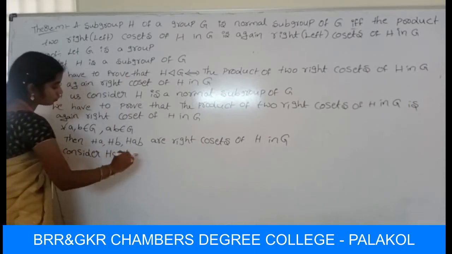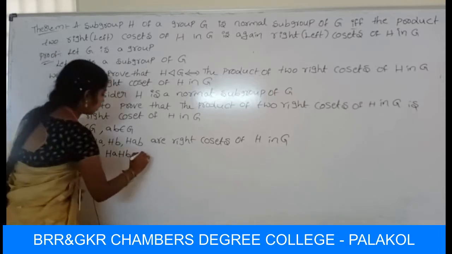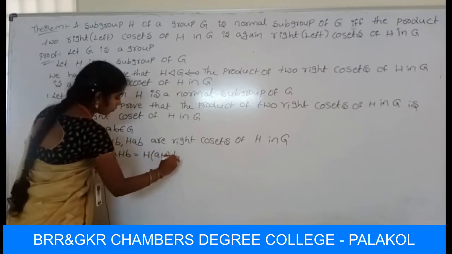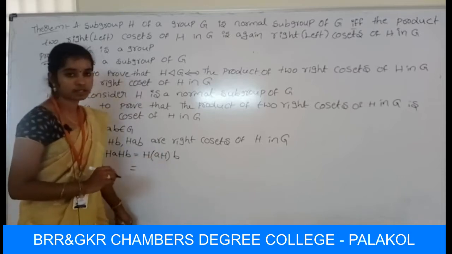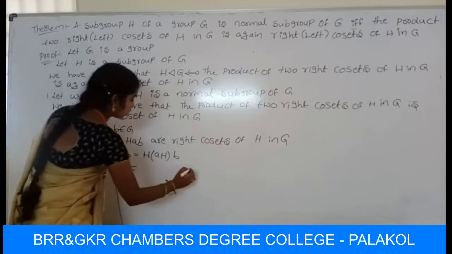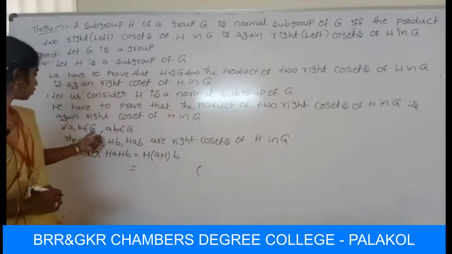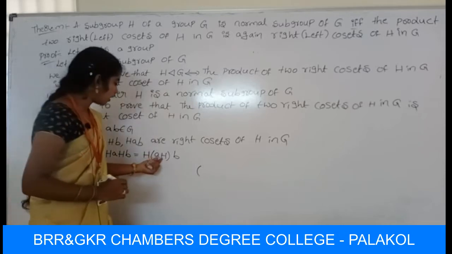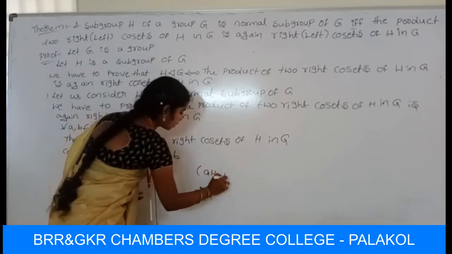We have to prove finally HAB. So HA into HB can be written as H into AH into B. Already you know that AH can be written as HA, since A, B belongs to Z.